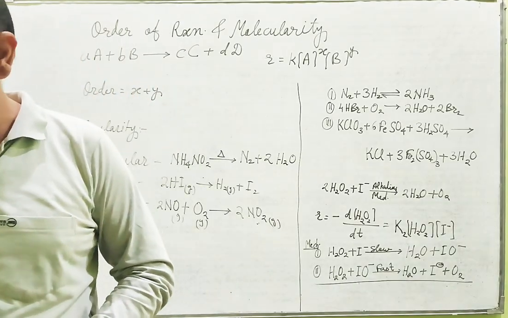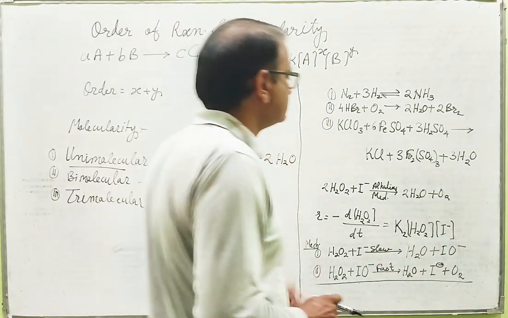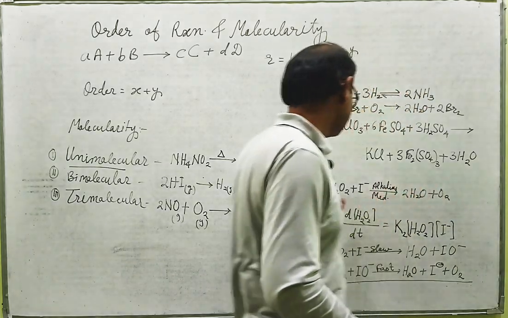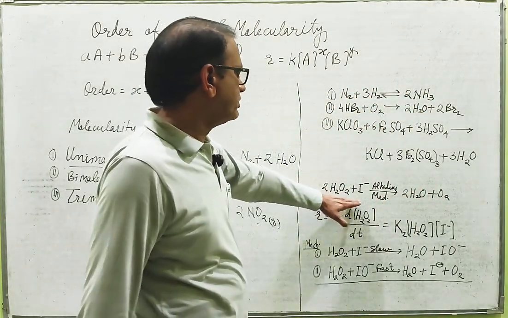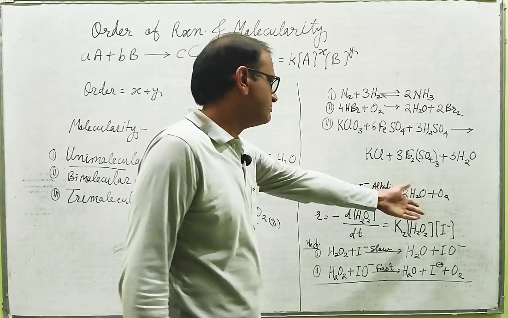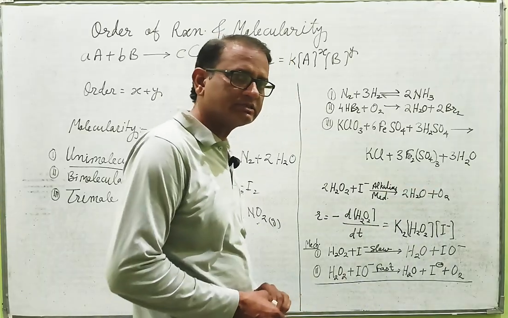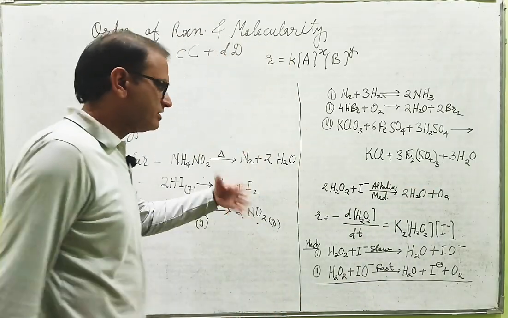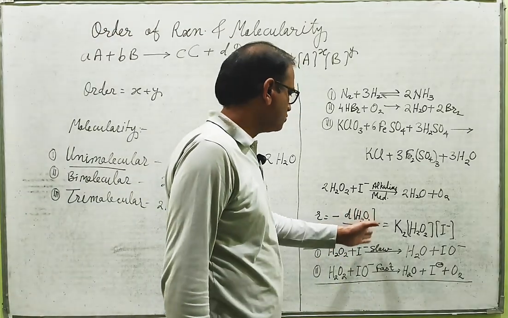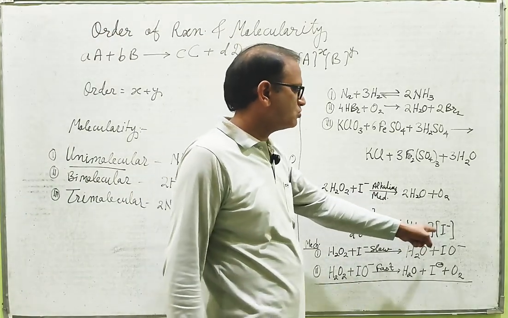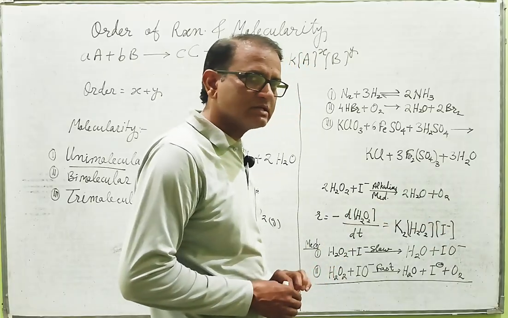the slowest step. In a multi-step reaction, see this reaction: H2O2 reacting with iodide ion in alkaline medium to give water and oxygen. The rate of this reaction will be -d[H2O2]/dt = k[H2O2][I-].